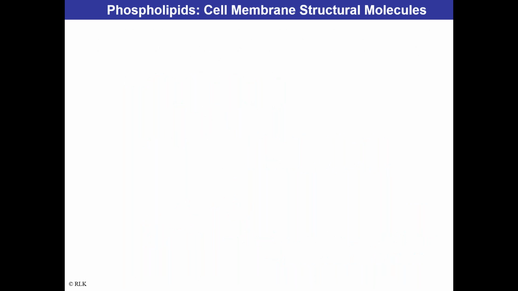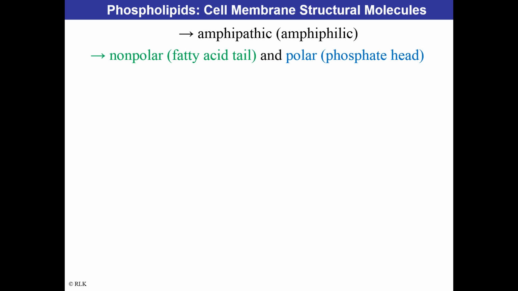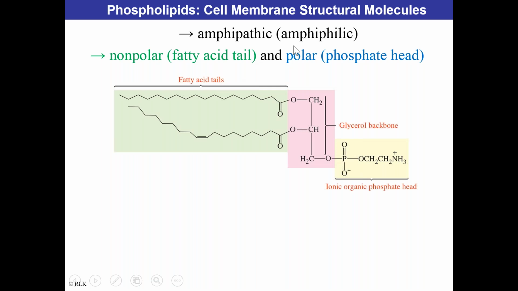But let's talk about phospholipids with a cell membrane structure, okay? Again, we're going to be talking about amphipathic or amphiphilic, whatever term you like to use, or whatever term you end up seeing in your homework or even on the exams, or come across in the course of your research or readings or practice. Again, you have a non-polar fatty acid tail and a polar phosphate head group.